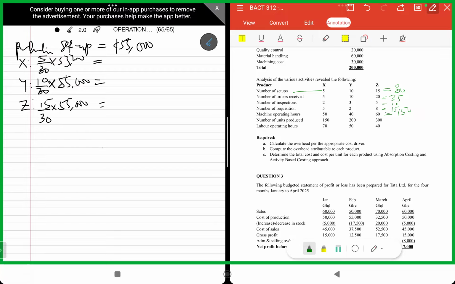Pearl, do the first one, then Amy, then Pearl. We have 5 divided by 30 times 55,000, right? Madam, be quick. I can't see. Tell me what you see. 5 divided by 30 times 55,000.